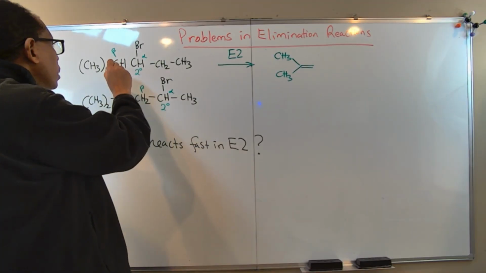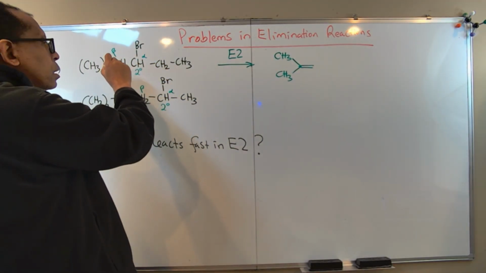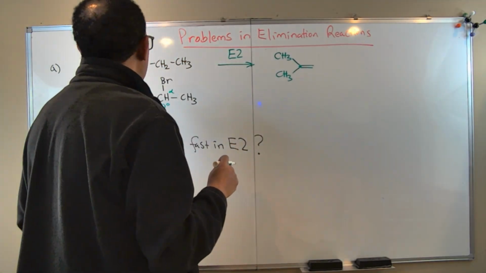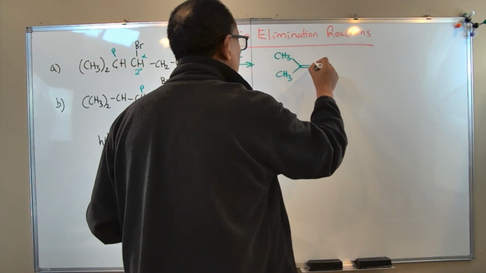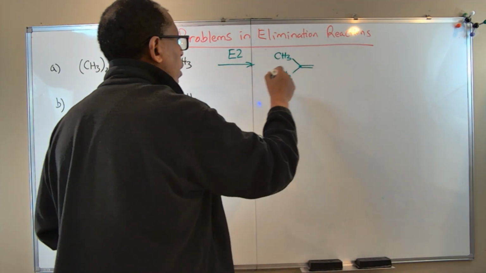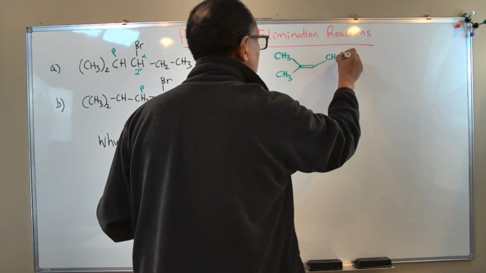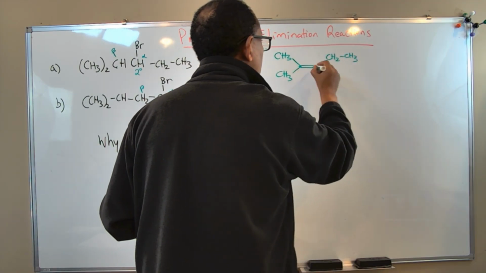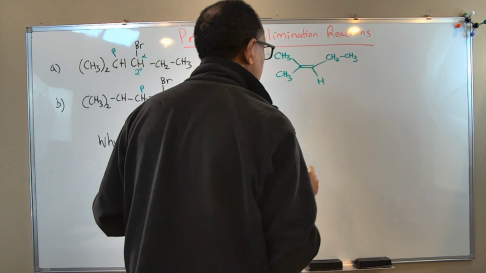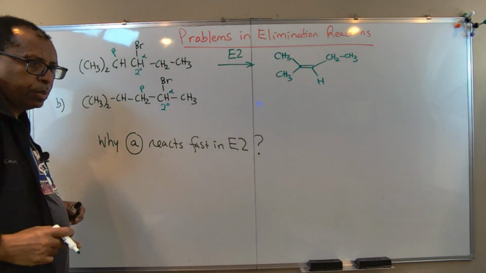This carbon, the beta carbon right here, is losing that hydrogen, and you have CH2, on this you have CH and CH2, CH3. This is one of the products you could see from the top reaction, A.